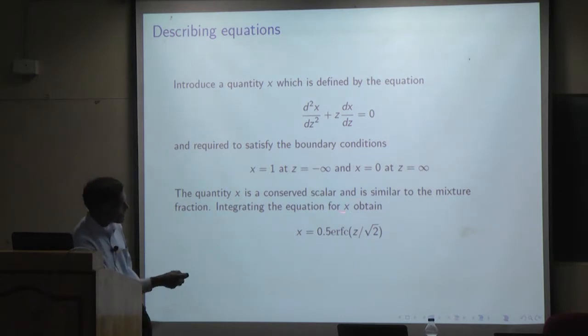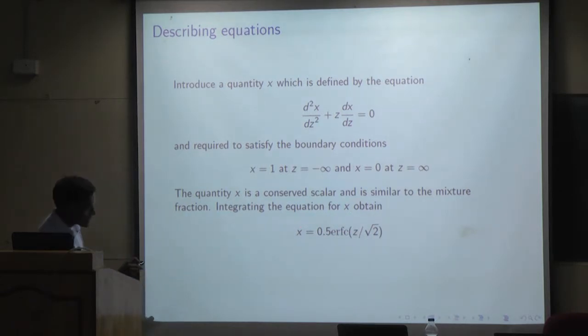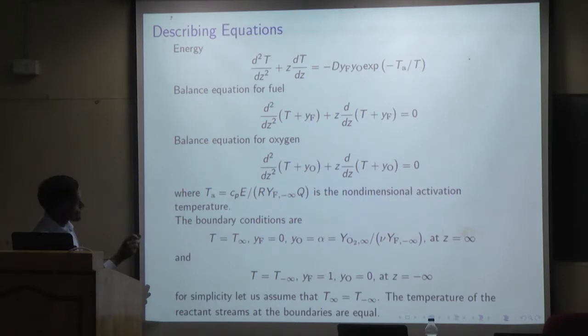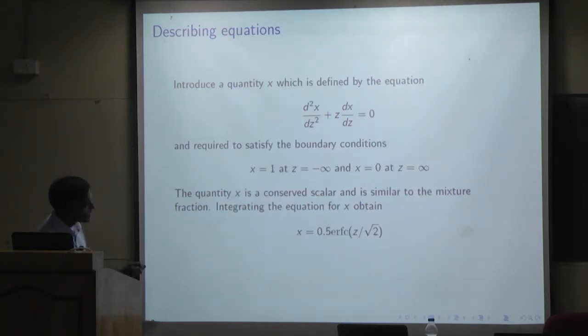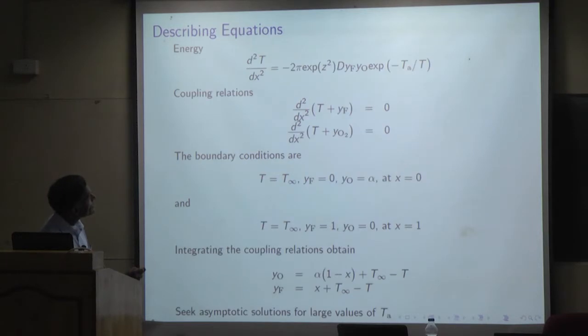Now, what is interesting is that if you take these set of equations, and instead of z being the independent variable, you write these equations in terms of x as the independent variable, then it turns out that these equations take a very simple form like that.